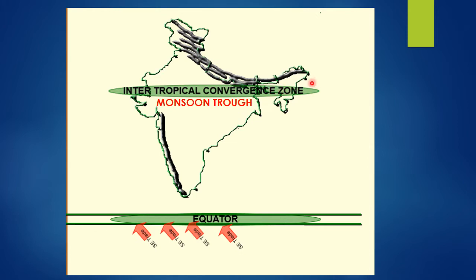Now, what happens here? Yes, a rapid rise in temperature, which means low pressure is created, and to fill up this low pressure, air is sucked from the Arabian Sea and the Bay of Bengal, and since they are blowing over the ocean, they are carrying a lot of moisture, and this brings the monsoons to India.